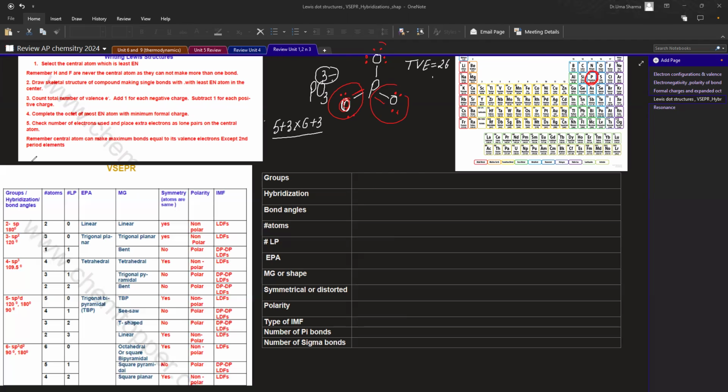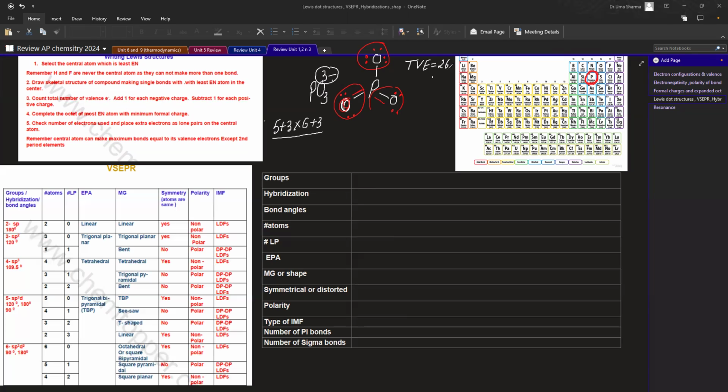All are used. Okay. Put the formal charges. No, not all of them are used. Can you see? 8 here, 8 here, and 8 here. I've used extra.